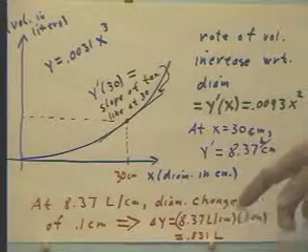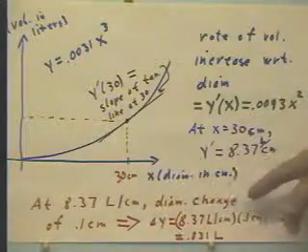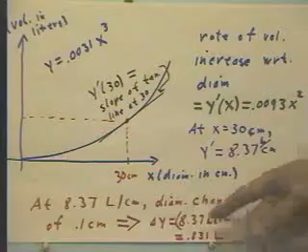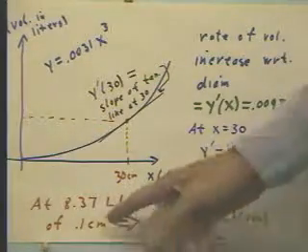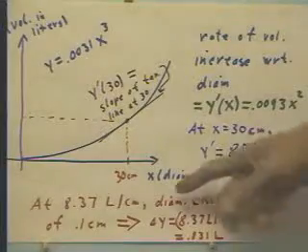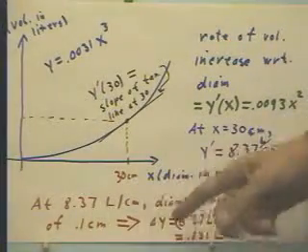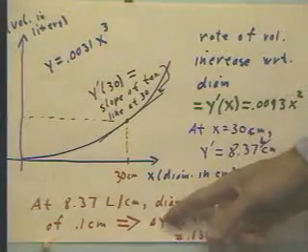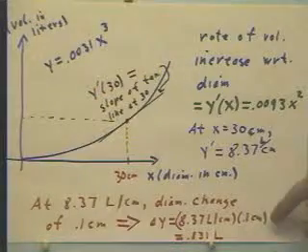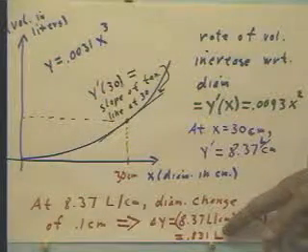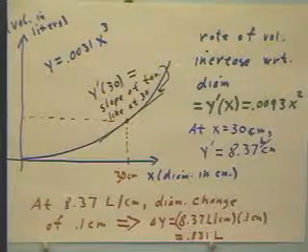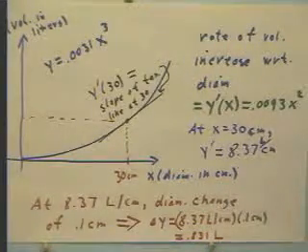We see that at the rate of 8.37 liters per centimeter of diameter, a diameter change of 0.1 centimeter implies a delta y, a change in volume, of 8.37 liters per centimeter times 0.1 centimeters, or 0.837 liters. Now it seems I've written 8.831, I really meant 0.837 liters there.